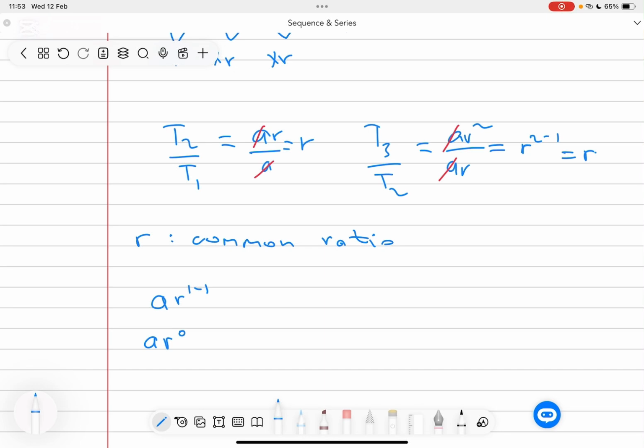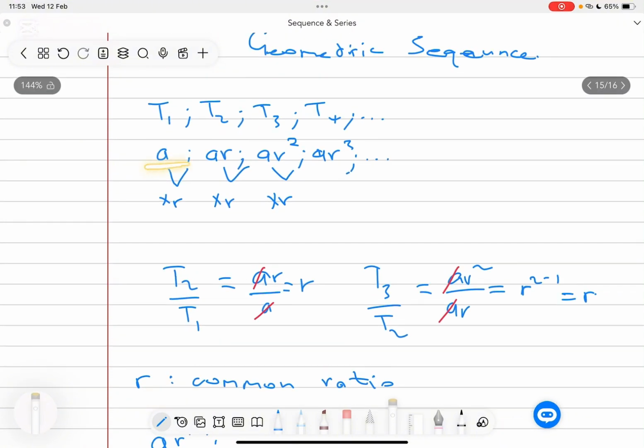And we all know now from our laws of exponents that any number raised to 0 is going to be 1. So what we have here is A times 1. And all of us know that any number multiplied by 1 is that number. That's the reason why the first term will be given by A. So here actually the R is there, but it's an invisible R because the exponent is 1 minus 1.